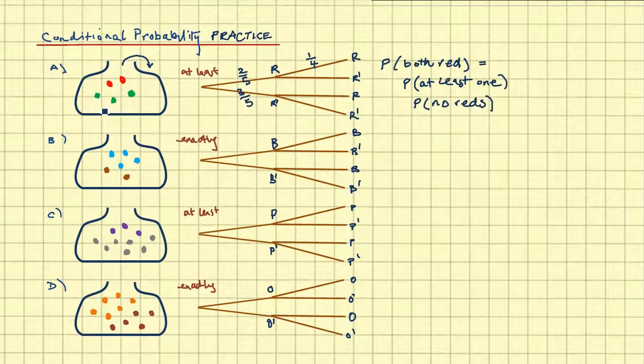Well, it must be 3 out of that 4, so the 3 greens that are left, so 3/4. And again, a check. These must add up to 1, so 1/4 plus 3/4 gives us 4/4, which is a certainty.